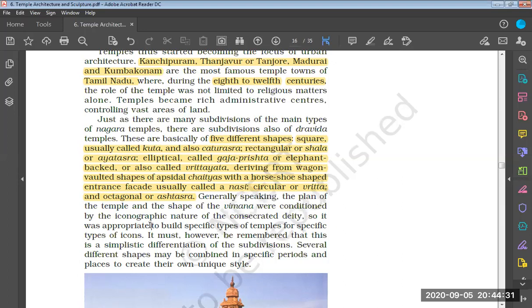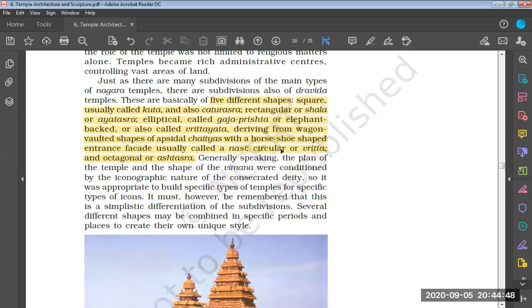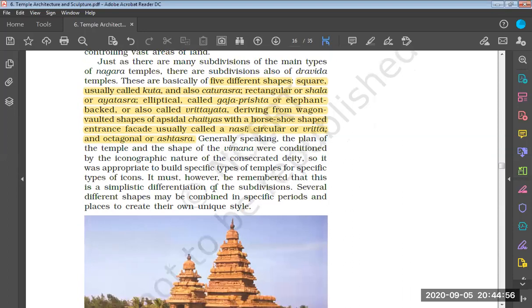So basically vrityata is derived from a wagon vaulted shape of apsidal chaityas with a horseshoe shaped entrance facade usually called nasi. Or if it is circular, so usko bolenge vrita, circular or vrita. And if it is octagonal, that is 8 sides, so 8 lines, it is called ashtasra.